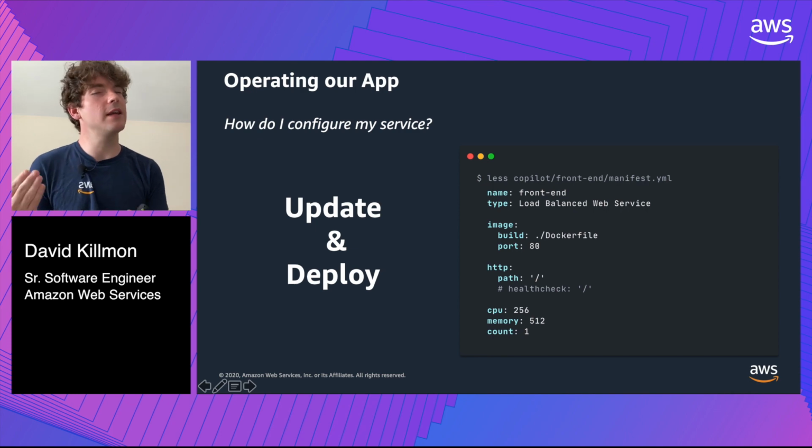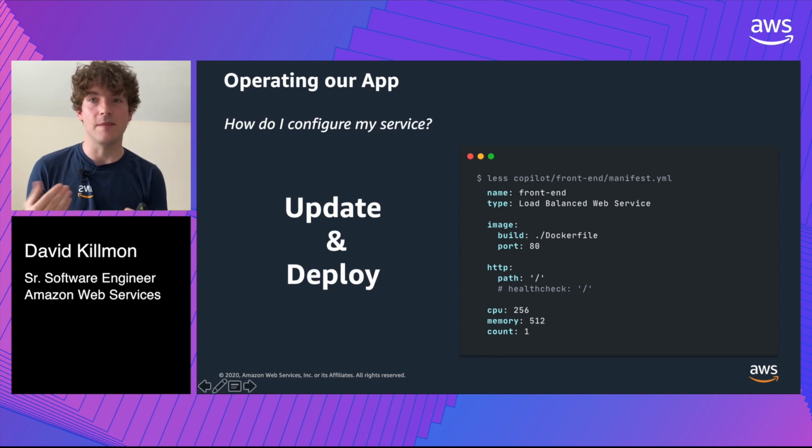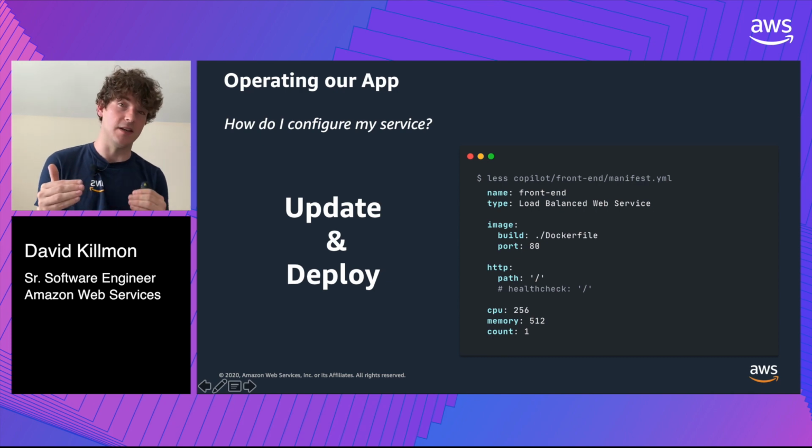And maybe you're saying to me, David, that sounds super cool, but my test environment is fine, and I don't necessarily want my test environment to have a gigabyte of RAM because I just don't really need it, right? I really only use it when I'm running tests and it doesn't have any real load. So Copilot totally gets that, and that's why in this configuration file, you can actually specify environment-specific configuration.